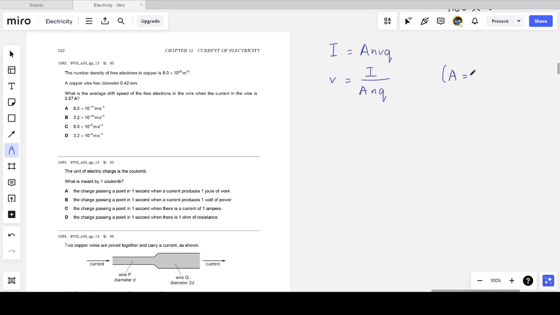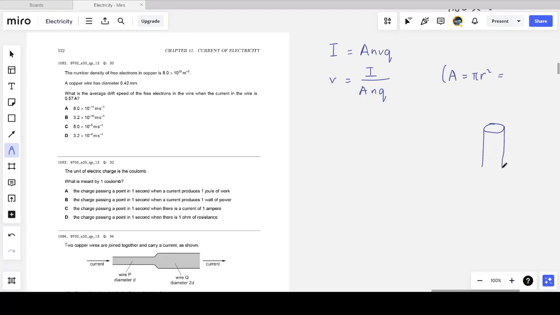What I do have is the diameter, and I know the area is going to be pi r squared. We generally assume that wires are cylindrical in shape. So the cross-sectional area of a cylinder, so this is my wire.